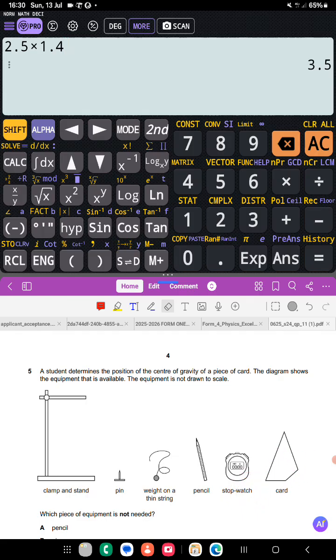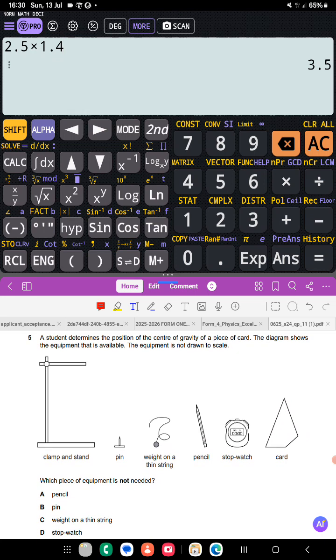Alright, remember the center of mass is simply a point on the body on which all the mass of the body seems to be concentrated. That's center of mass. Okay, so in order to do that, you shall need the clamp.